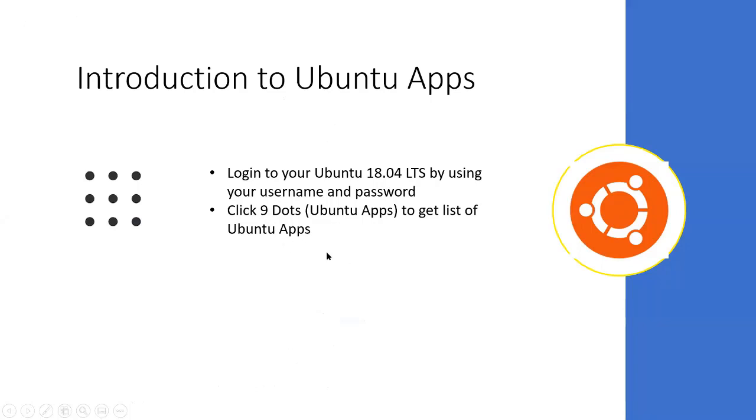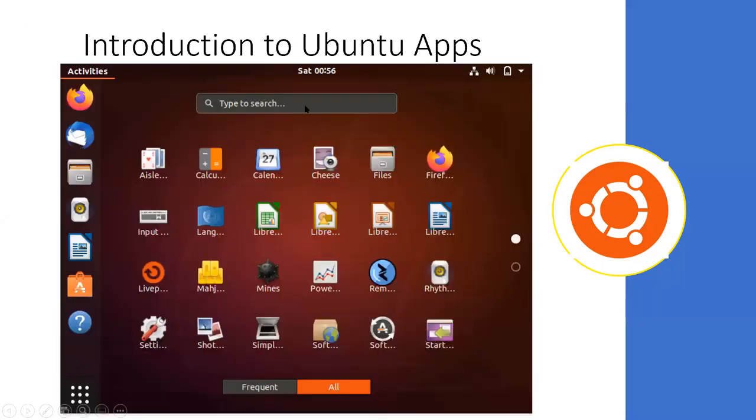Click the 9 dots. This is the interface of Ubuntu, and you need to click on the 9 dots, and this is the show application page. These are the default applications that come with the default installation of Ubuntu.